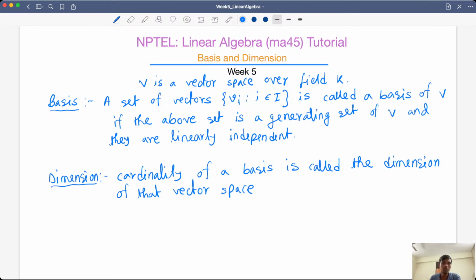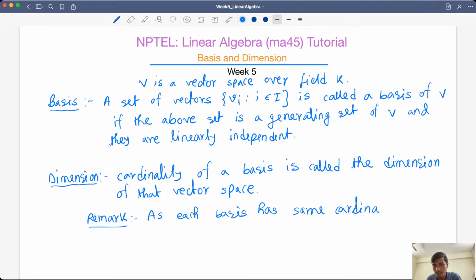So it is well defined. The remark is that as each basis has the same cardinality, the dimension is well defined.